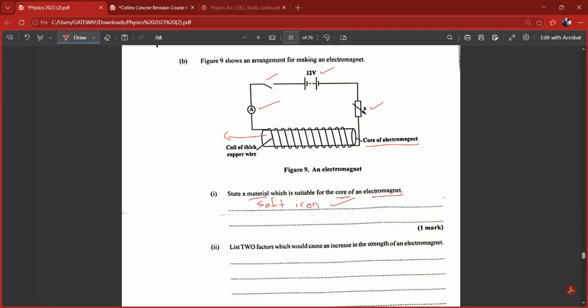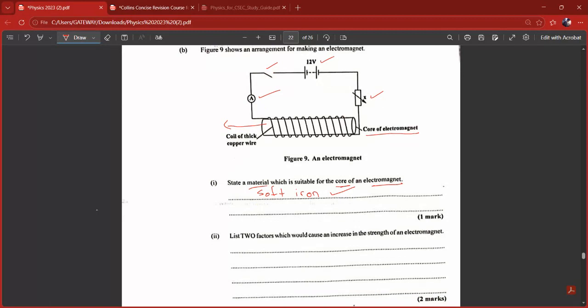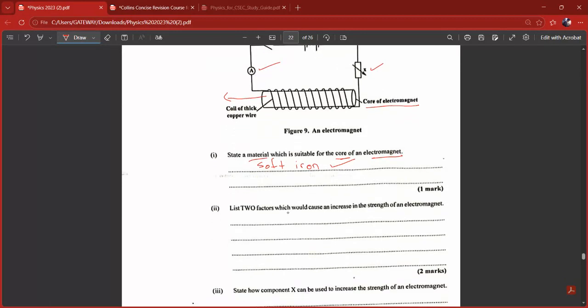Now, part two, so it just looks complicated but is not complicated. Part two, they say list two factors which would cause an increase in the strength of an electromagnet. So two factors, since I just say list, I will just put it here. So the first one would be increase the current in the coil.